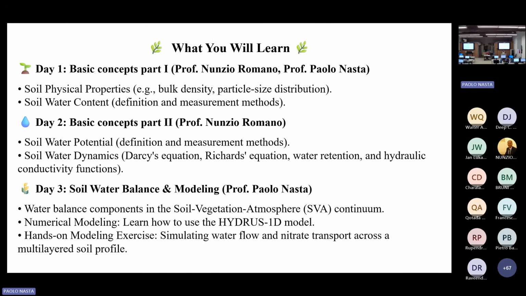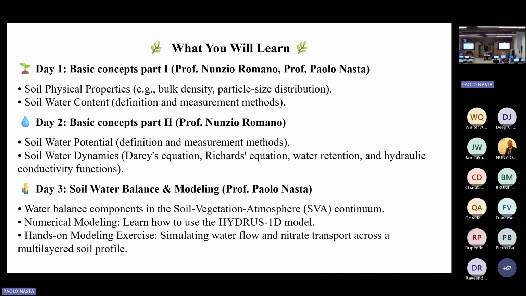Then in the second day, the day after tomorrow on Friday, he will talk about the soil water potential, its definition and measurement methods. And then he will finish by presenting the soil water dynamics, so describing Darcy's equation, Richards' equation, and the fundamental soil hydraulic properties, which are the water retention function and the hydraulic conductivity function.